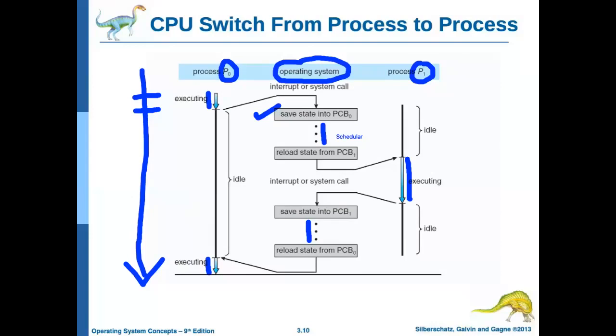Then the operating system will reload the state from the process control block of process J, that is PCB of J. And once it is loaded, the control will be dispatched to process PJ, and PJ will continue executing. So that is the simplest method in which we switch from one process to another process.